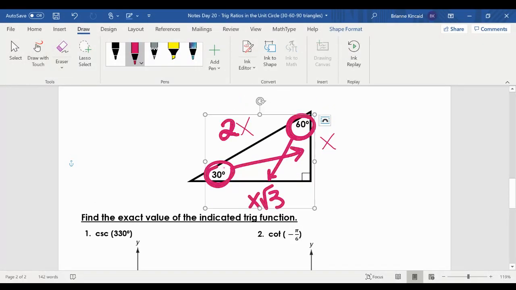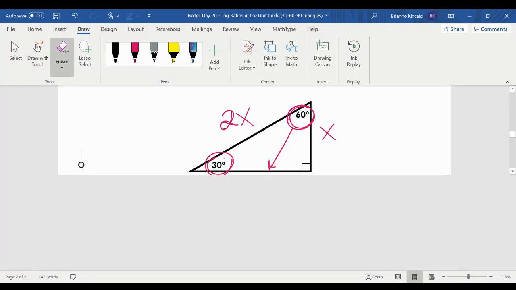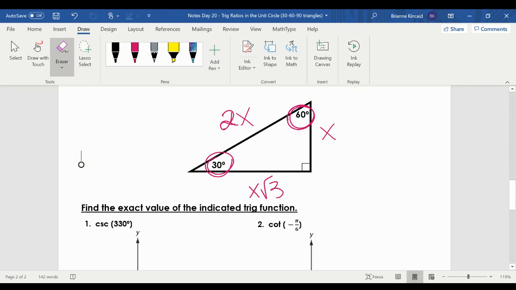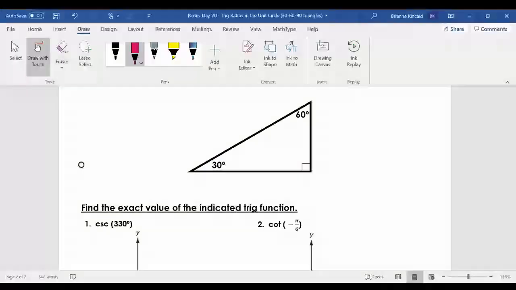Like in the last video, we want to make sure that we are giving these actual numerical values so we can evaluate them. And we want to use the easiest values we can. So instead of x, I'm going to use an x value of 1. 1 times radical 3 is radical 3. 1 times 2 is 2. Just make sure you're careful with the signs.